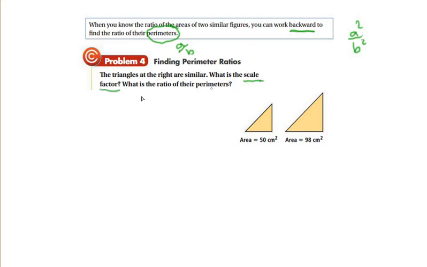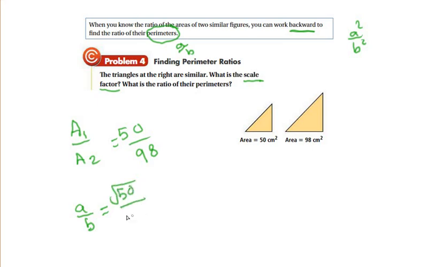The scale factor is the ratio of the lengths of the corresponding sides. To find it, we need to find the ratio of the areas. Area 1 to area 2 equals 52 to 98. To find a over b, we need to take the square root of each of these.